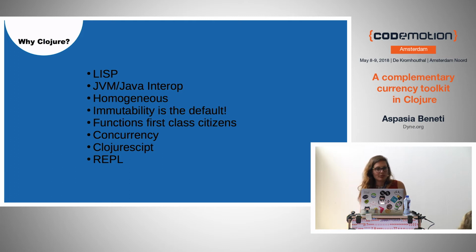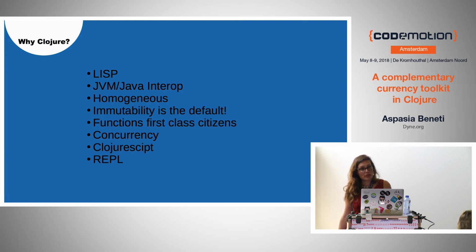Everything is immutable by default. It's a functional language. You can pass functions as parameters, and it has pure functions, which makes it great for distributed programming. It also has a great library, core.async, which makes asynchronous programming really easy. And in general, for data manipulation, it is a great language, in my opinion.